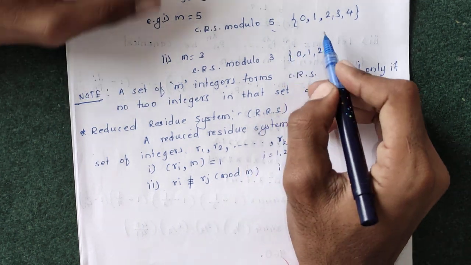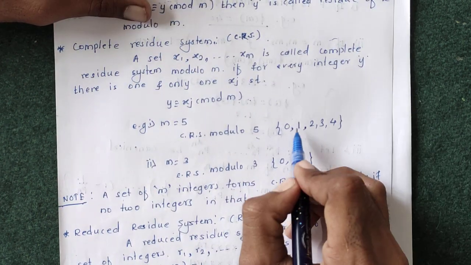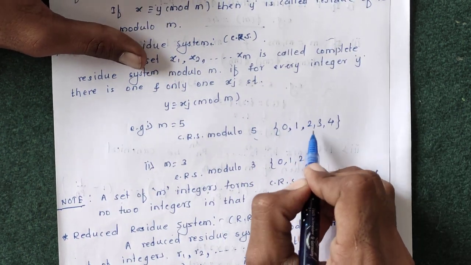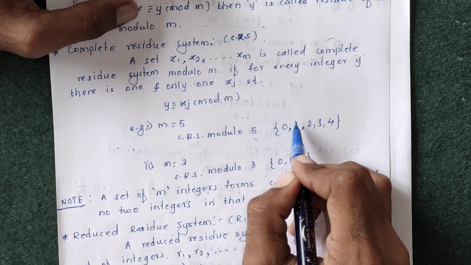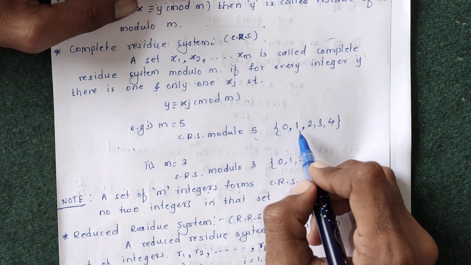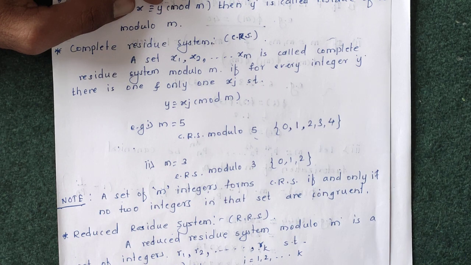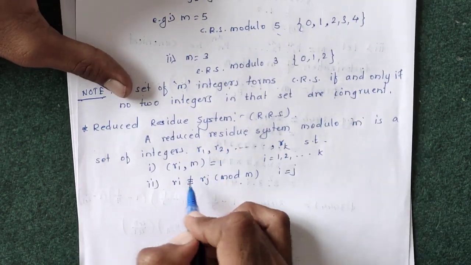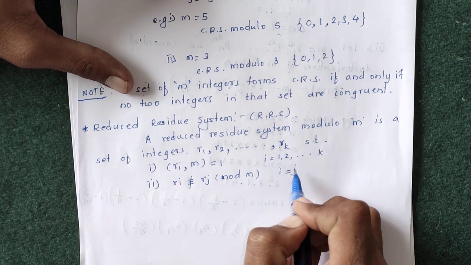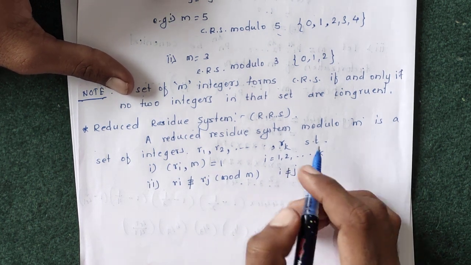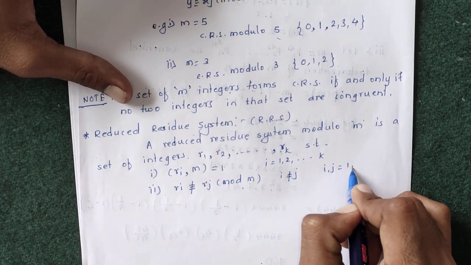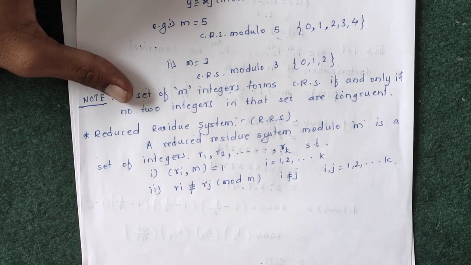For example, 1 is congruent to 1 modulo 5, since 5 divides 1 minus 1, which is 0. But 1 must not be congruent to any other integer in this set. Here ri is not congruent to rj modulo m, where i is not equal to j, for all i and j between 1 and k.